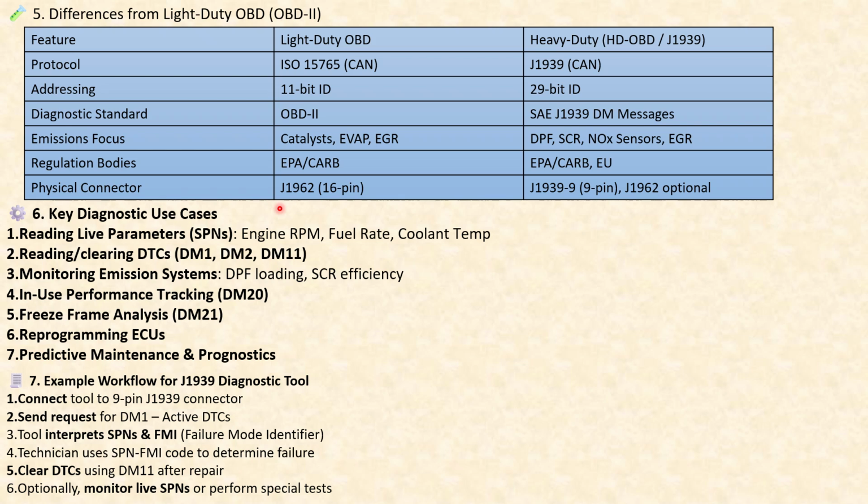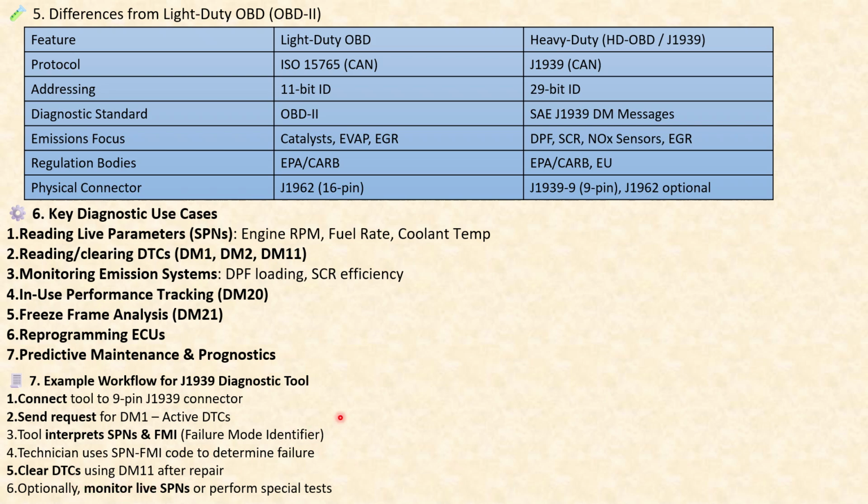All right. Next, an example workflow for a J1939 diagnostic tool: connect the tool to the 9-pin J1939 connector, send a request for DM1 active DTCs, the tool interprets SPNs and FMI. FMI stands for failure mode identifier, and the technician uses the SPN and FMI code to determine the failure and clear DTCs using DM11 after repair.